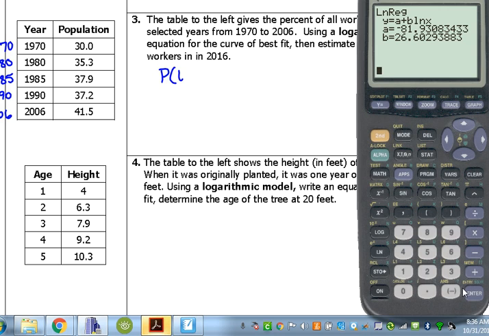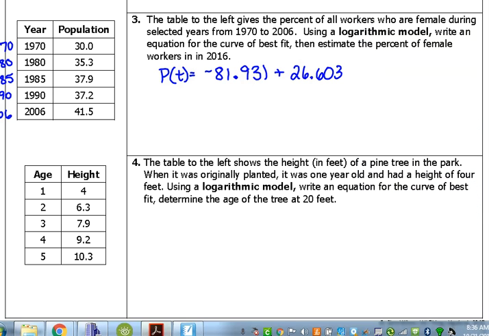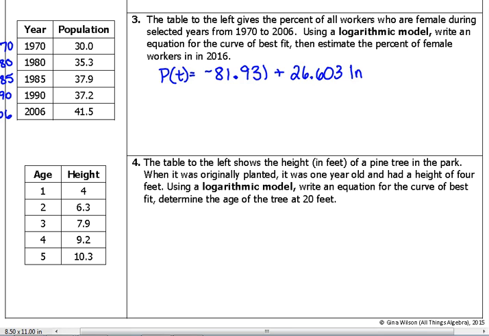So we've got population equals A is negative 81.931 plus B, 26.603 ln of, we're using T instead of X. I'm going to put a little time symbol there so that you don't think the ln is a 1.